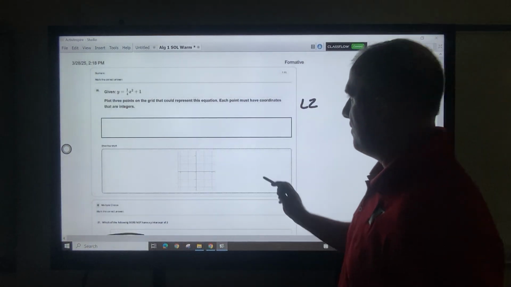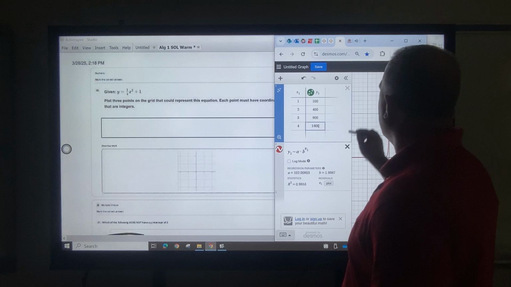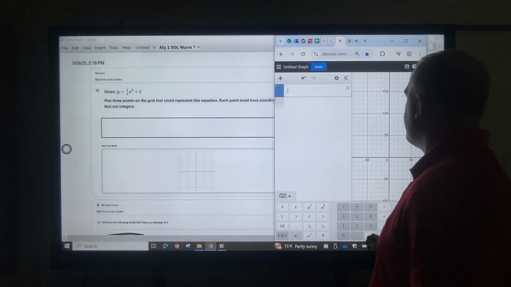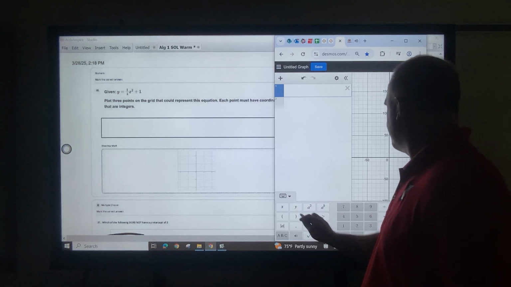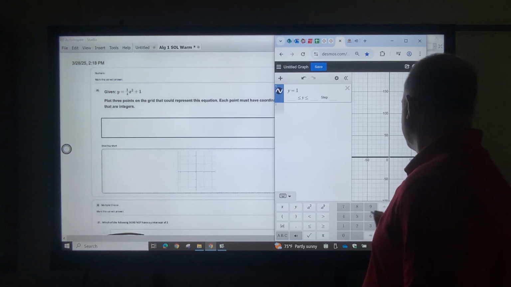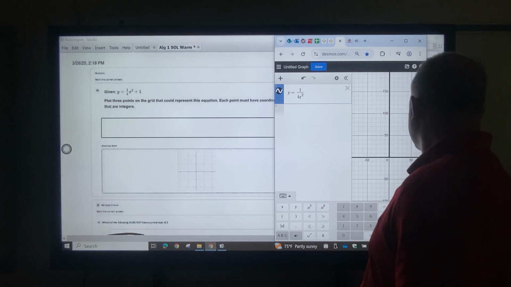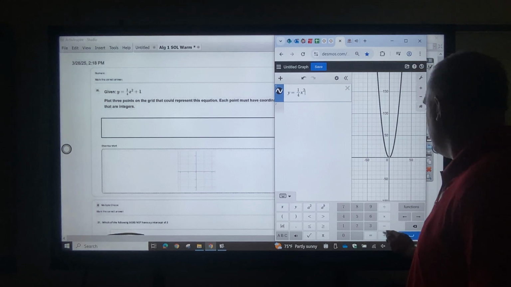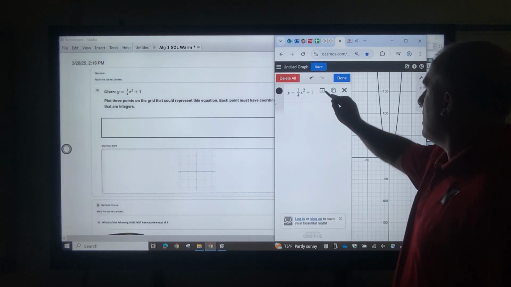For these ones, what you want to do, very simple. I'm going to type these equations in. I'm doing it wrong. Hold on. X squared plus 1. I'm going to hit the gear and table.